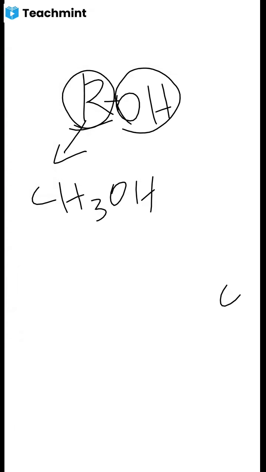Tertiary butyl alcohol, 2-propanol, methanol, ethanol, propanol. These are all the compounds which contain only one OH. This is known as monohydric alcohol. Mono means single. So it contains only one OH.